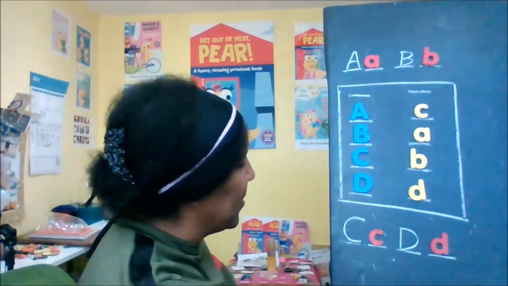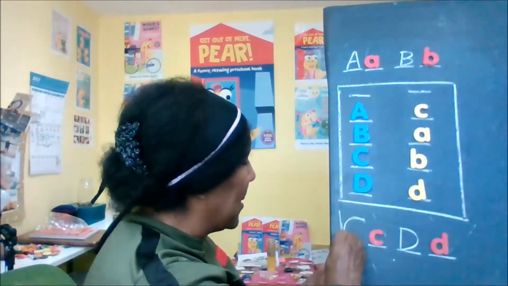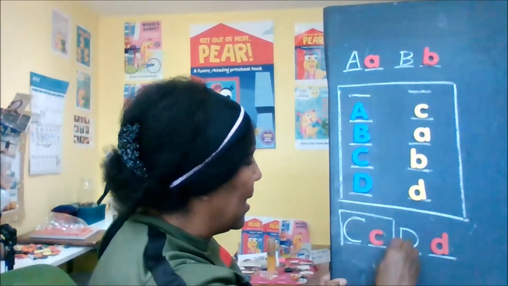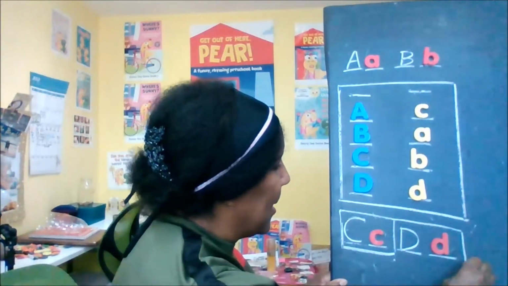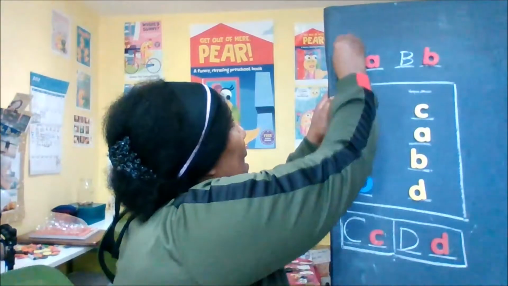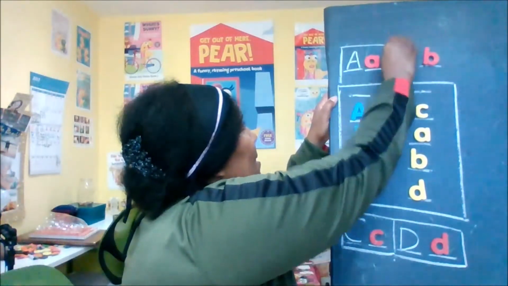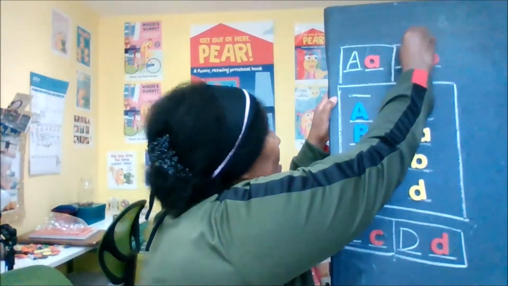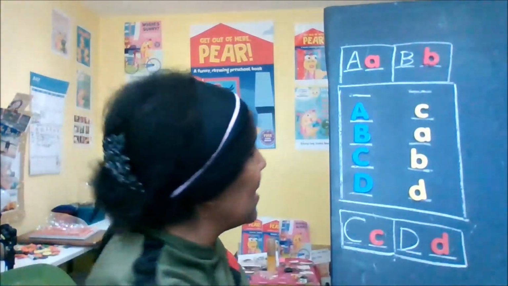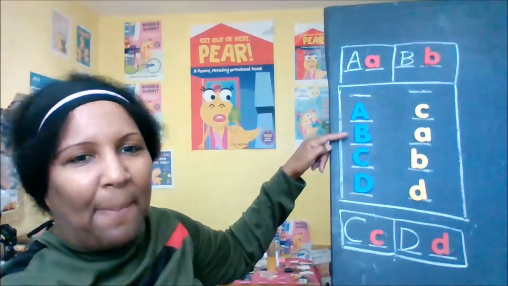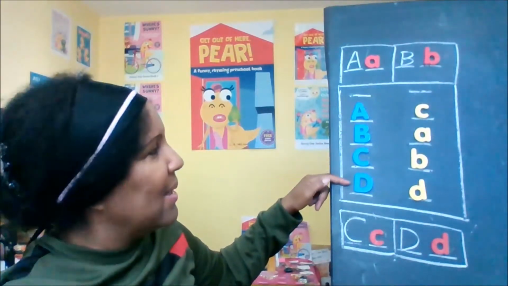And I think I'm going to put these in boxes too. And up here. Everybody see that? We have A, B, C, and D.